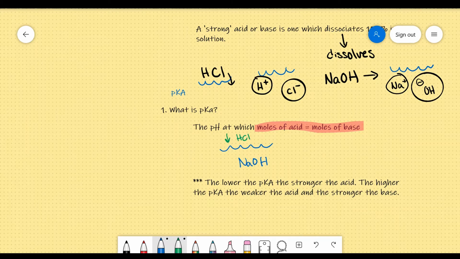Now, at the pKa, we're going to have in solution equal amounts of H plus Cl minus, and we're going to have equal amounts of Na plus OH minus.